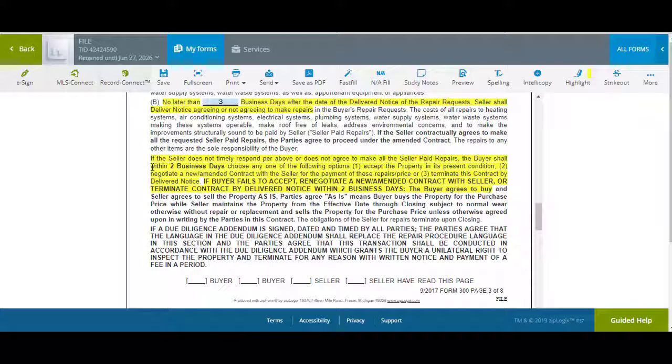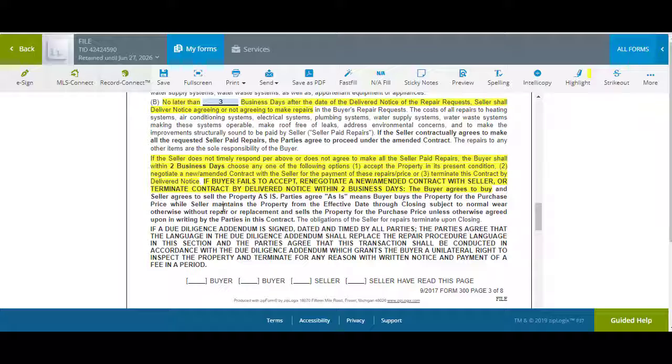But if they do not reply in those 3 days, or they do not agree to make any repairs, then the buyer has 2 business days, and that comes after these 3 business days, to choose one of the following options: accept the property in its present condition, negotiate a new amended contract with the seller for the payment of these repairs, or terminate this contract by delivered notice.